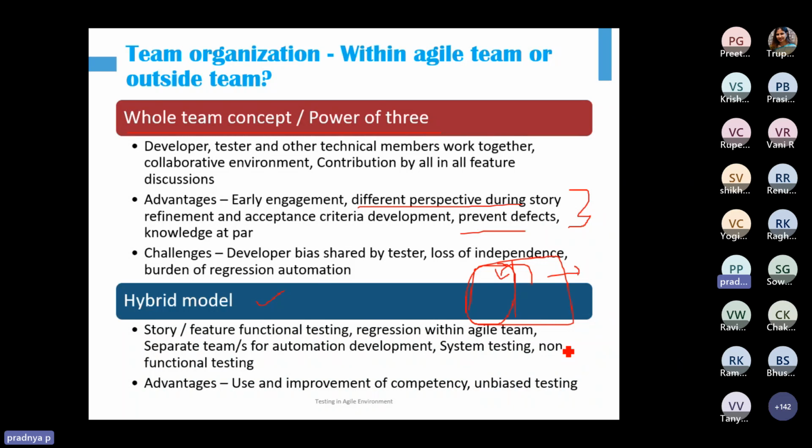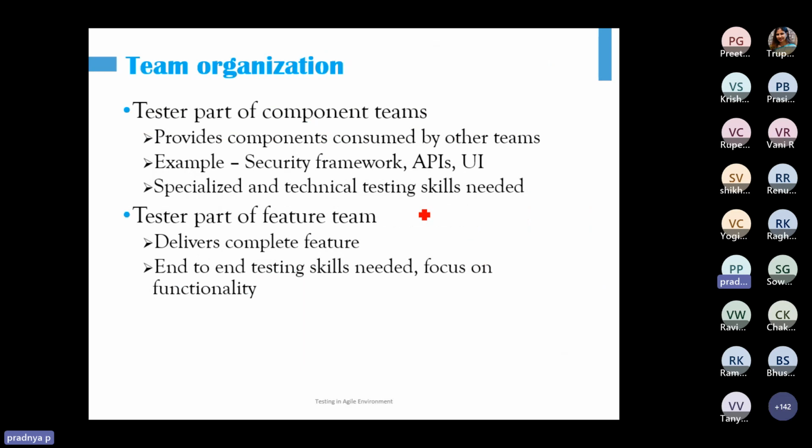A testing team totally separate from the development team is not a recommended approach, because that impacts the core values of agile. So that is how we can have a separate team. Typically, it also depends on whether the agile teams in our organization are component teams or feature teams.